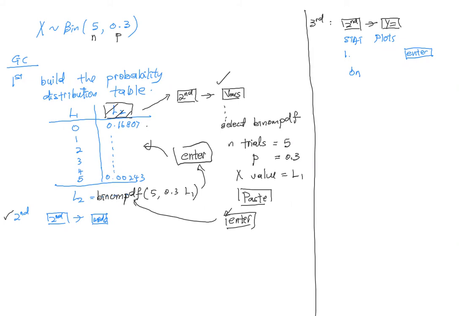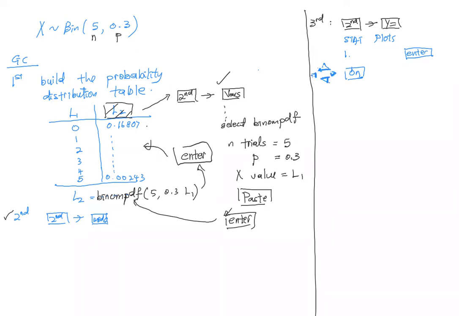You want to turn on Plot 1, correct? So after the cursor is at On, you press enter again. Then you scroll down to Type, using this button.